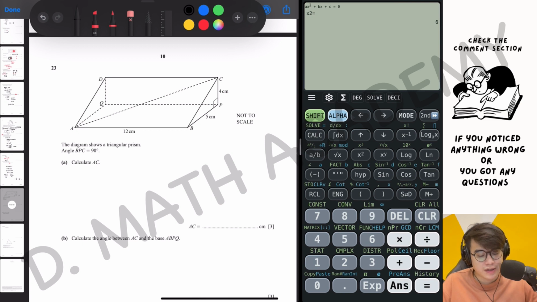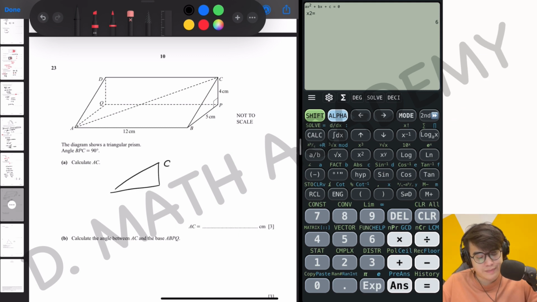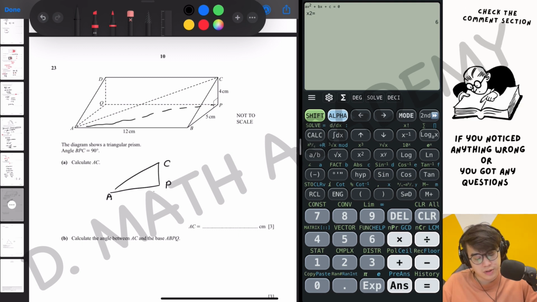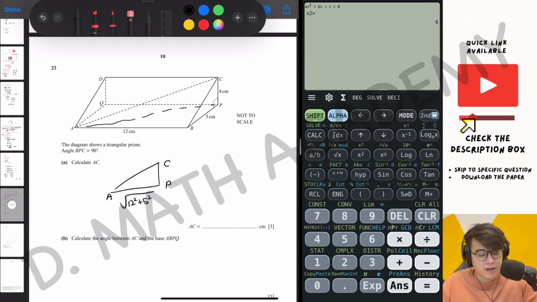So to get it done, I will draw this out to remind me what part I am identifying. They need C, P, and A. So to get to PA, which is this bottom line here, we will take 12 square plus 5 square first to identify that. And then we have 4 cm here.